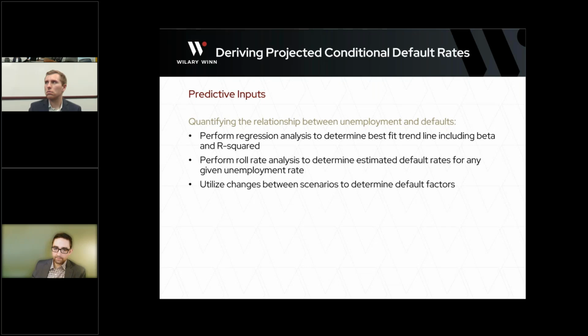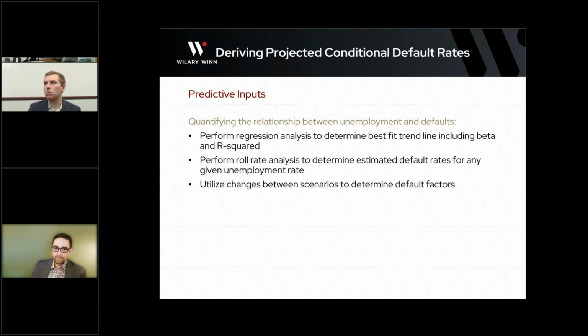Second, we calculate the beta, or sensitivity, that tells us how much we expect default rates to change for every percentage point move in the unemployment rate. And then we look at the R squared to validate how strong those relationships are, making sure it's statistically significant and that the model is giving us a reliable and predictive result.